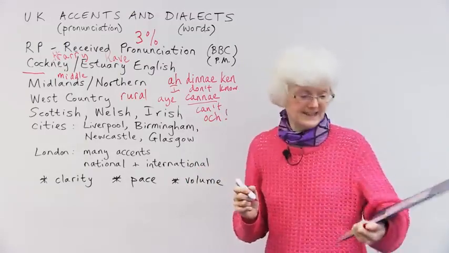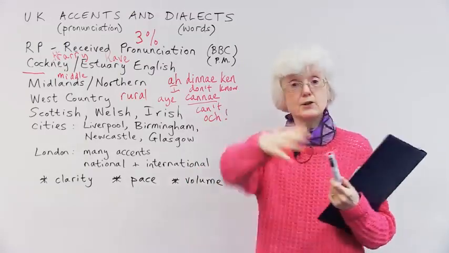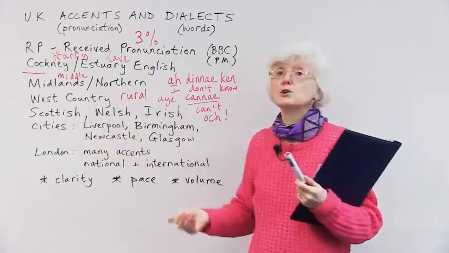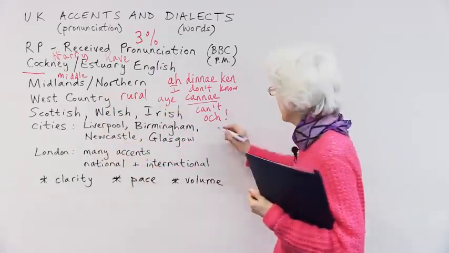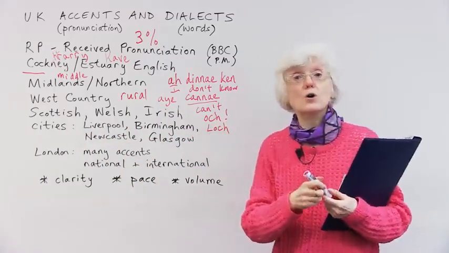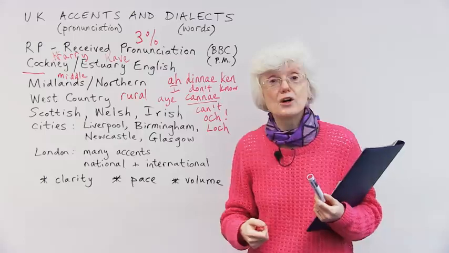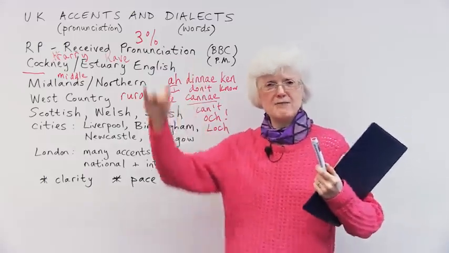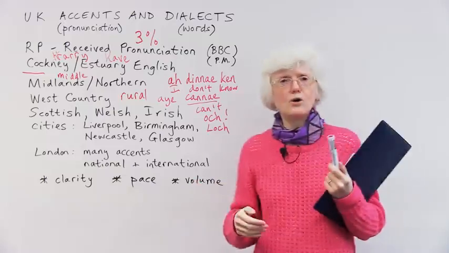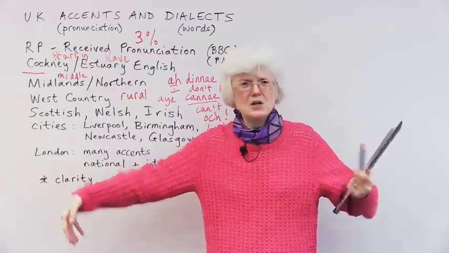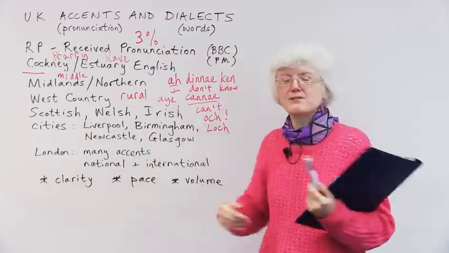And they also have these large expanses of water, like big lakes, which are called lochs. So, och, I fell in the loch. And they also have a slightly different up and down in their voice as well. Och, I fell in the loch. Och, I'm wet through. So they have a certain way of speaking.